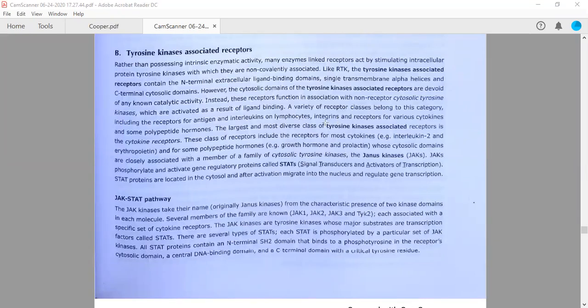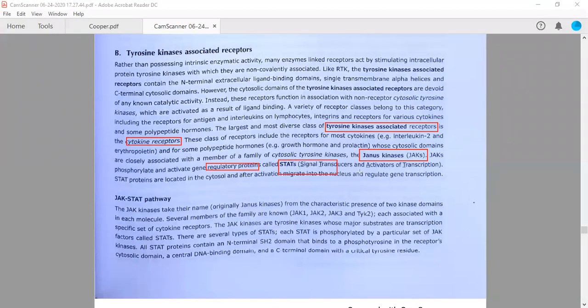So these tyrosine kinase associated receptors are these cytokine receptors, and the family of non-receptor tyrosine kinases are called JAKs, or Janus kinases. These Janus kinases will activate and phosphorylate some of the regulatory proteins, which are gene regulatory proteins, so these are generally transcription factors.